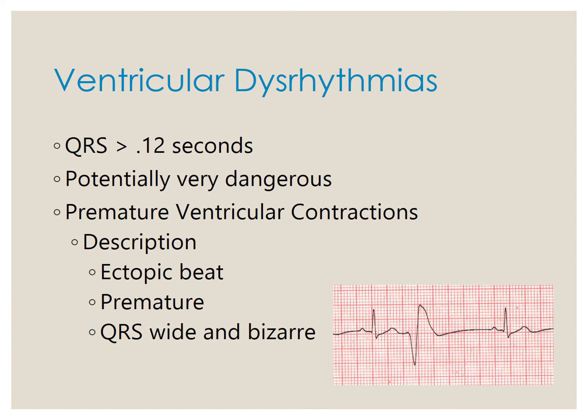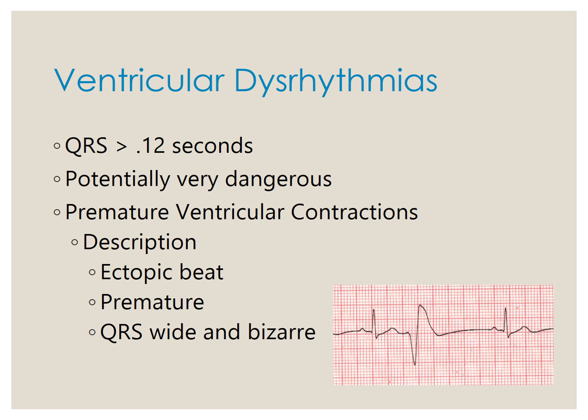All right, so let's go through these. We've got premature ventricular contractions, which are also known as PVCs. The description of this is an ectopic or abnormal beat originating from an irritable cluster of cells in a right or left ventricle before the next expected sinus beat, which is premature. The QRS is wide and bizarre looking.